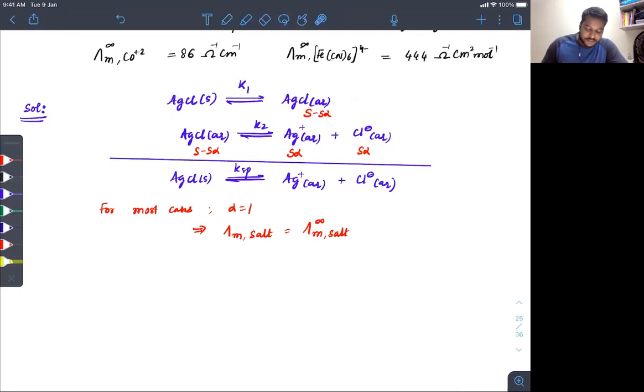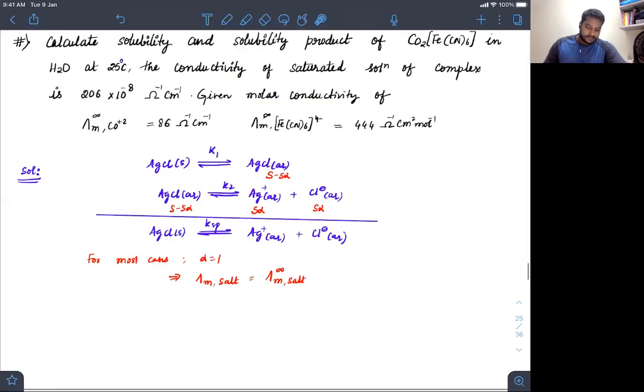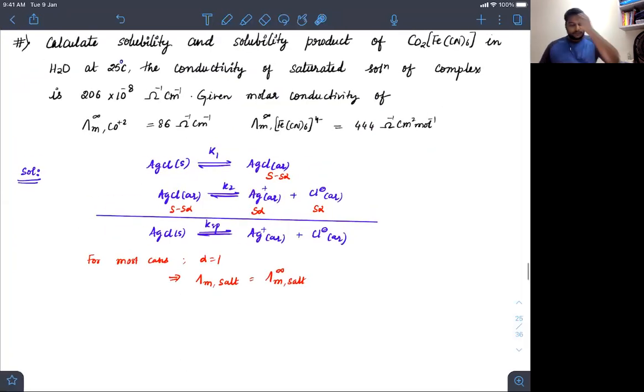So lambda m of the salt is always equal to lambda m infinity of the salt, because alpha is always equal to 1 in this case. Is this logic clear, everyone? So if the question is asked about the alpha value, correct, you always take the concentration as a solubility. So you take solubility, that will directly fetch you lambda m infinity, and lambda m infinity and lambda m are same. Now attempt the question.